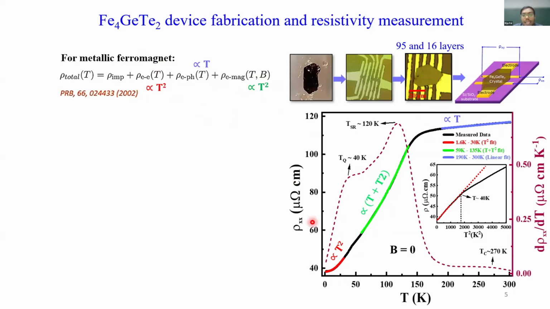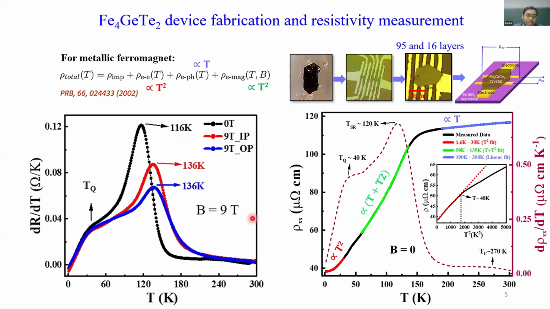To disentangle which part corresponds to this T square behavior in these two regions, we have performed a magnetic field dependence. You can see that these blue and green curves are the 9 Tesla magnetic field dependence for both in-plane and out-of-plane. This is the temperature dependence of resistivity.